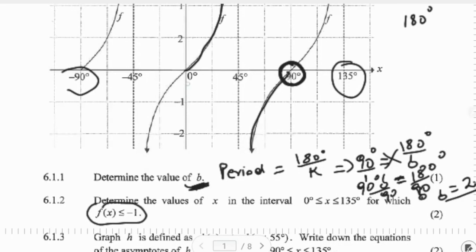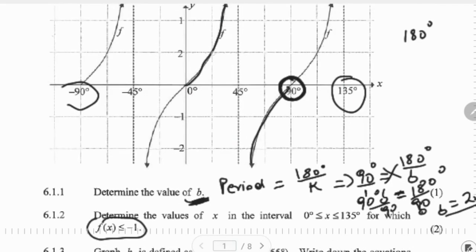Between 0 and 135, our graph is positive before 45, and then it's negative between 45 and 90. So whatever we are looking for is somewhere there. Okay, then we go check again. Where is our -1? There is -1.